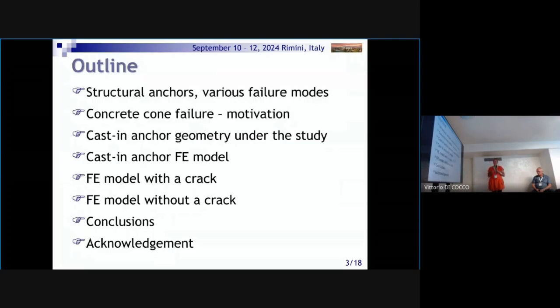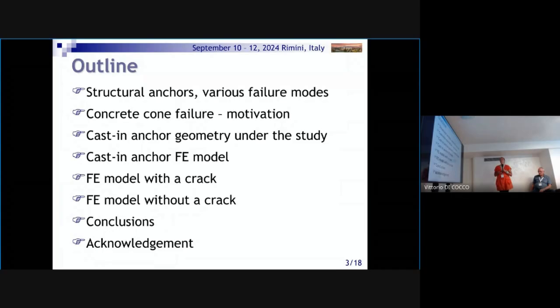Okay, so structural anchors and the failure modes. I will show you some pictures of how it works in these structures. I will tell you something about our motivation and our goals. I will present the geometry we have investigated in our finite element simulations.